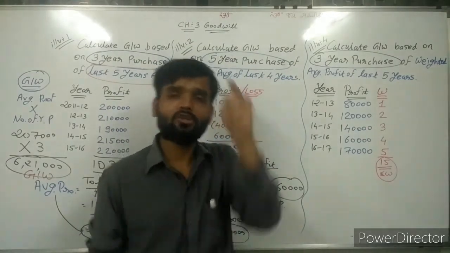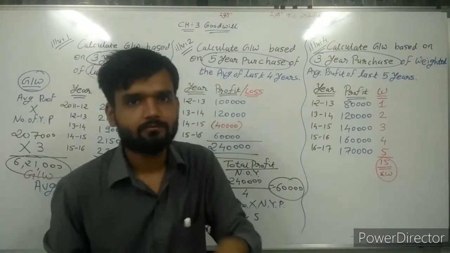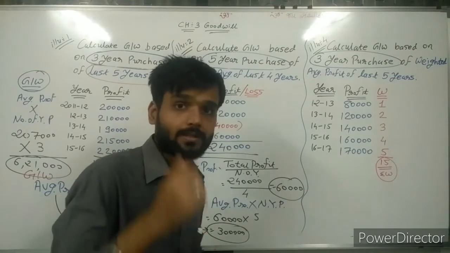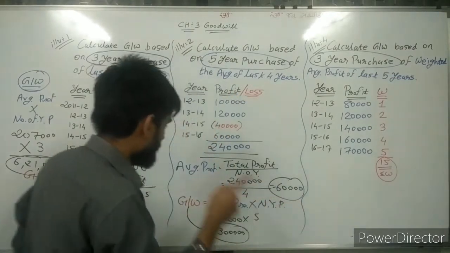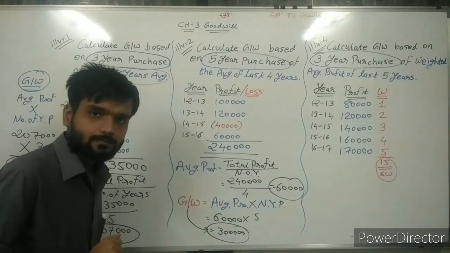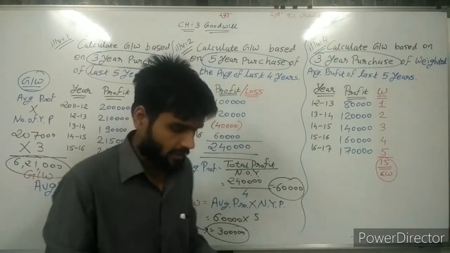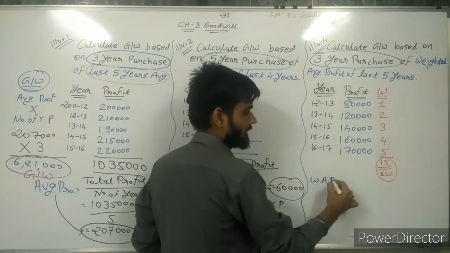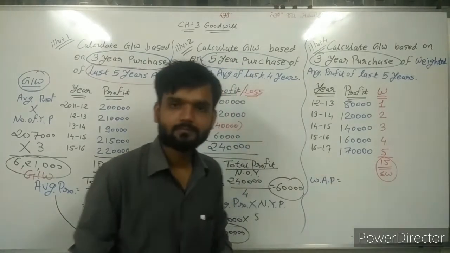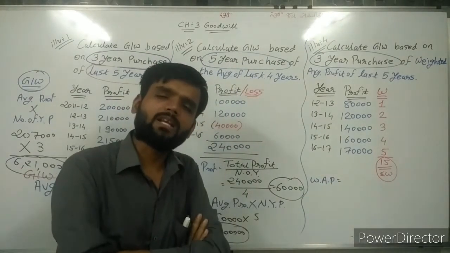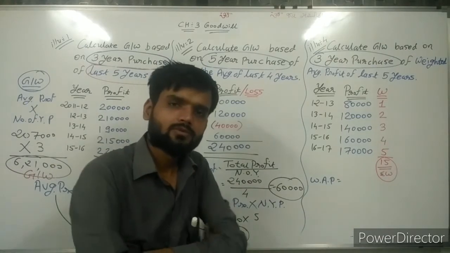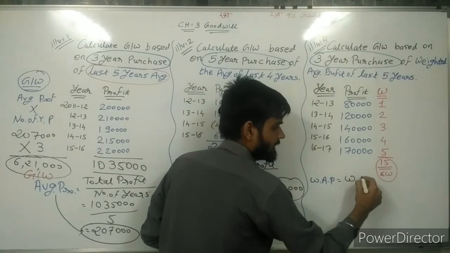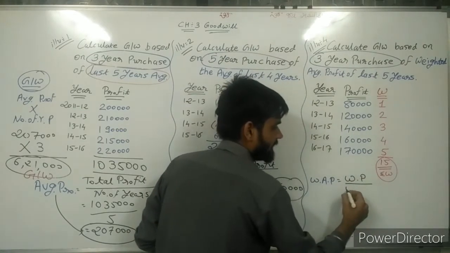So this is the weight. First of all, we need to give weight to particular years. Here simple average profit was there; here weighted average profit is there. So here we need to find weighted average profit. Now sir, how can we find weighted average profit?